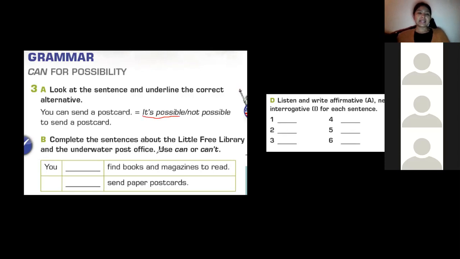Now, it says in here, complete the sentences about the little free library and the underwater post office. Let's see if you still remember information from the paragraph we read. So, in the little free library, you can or you can't find books and magazines to read. What do you remember? You can. You can, right? Thank you.